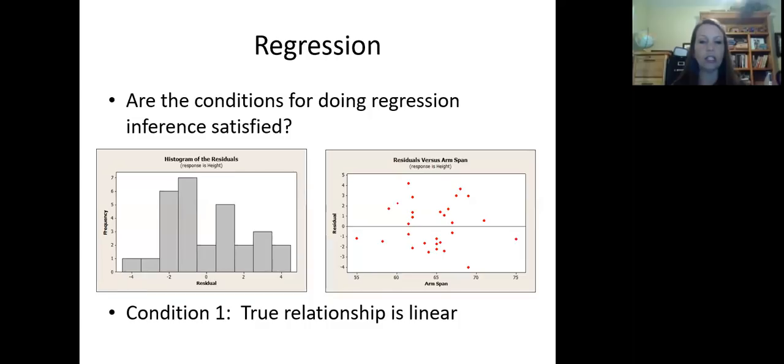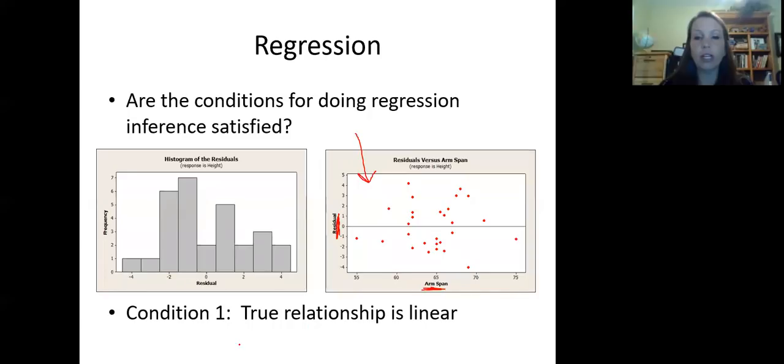Our first condition is that the true relationship is linear. We would check that with the original scatter plot, and we did decide that, yes, we have a linear relationship. The other thing we check it on is the residual plot of X versus the residuals.